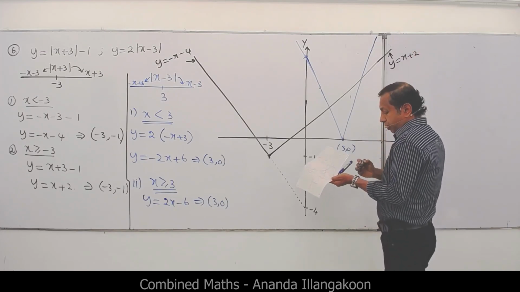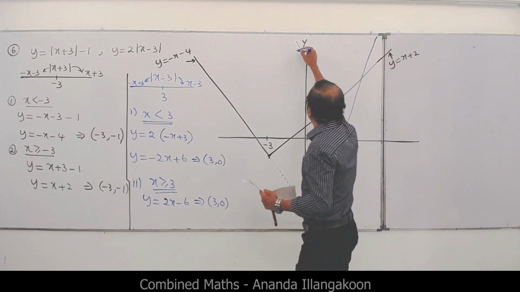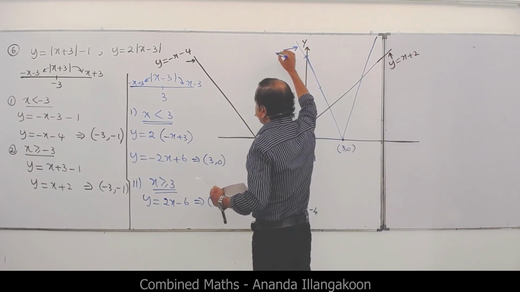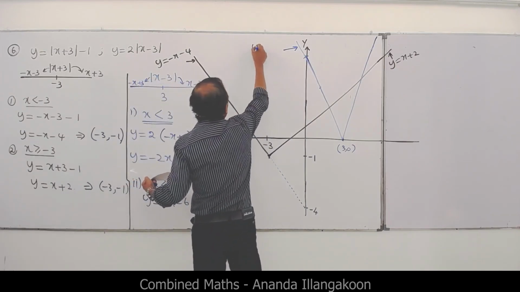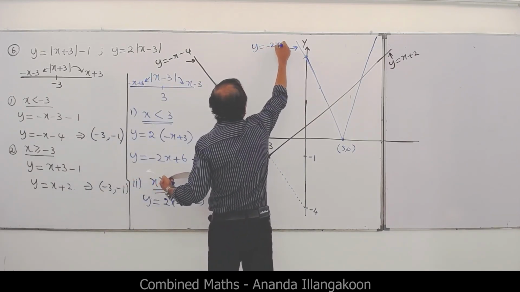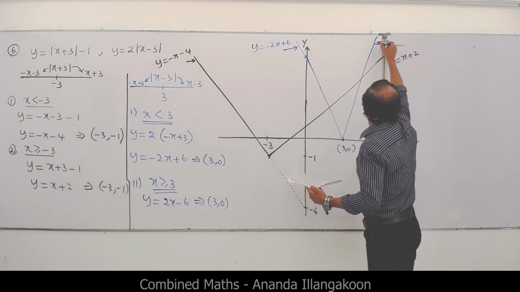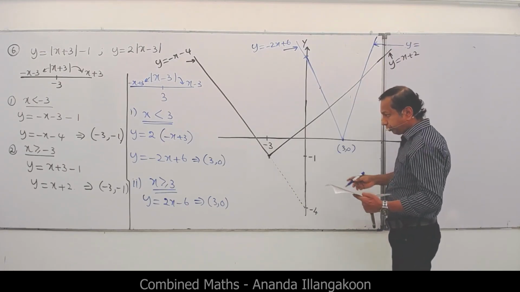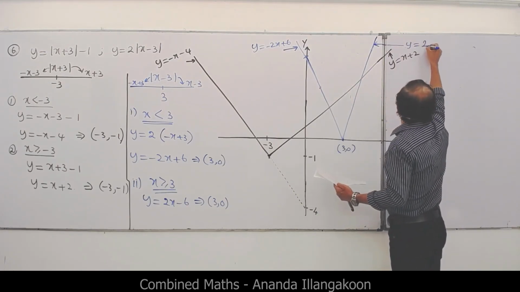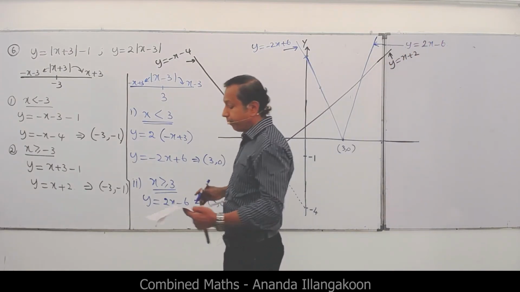Now the two equations of these two parts: this part, on the left, is y equals minus 2x plus 6, no? What is the equation of this? y equals 2x minus 6. We got that, yeah?